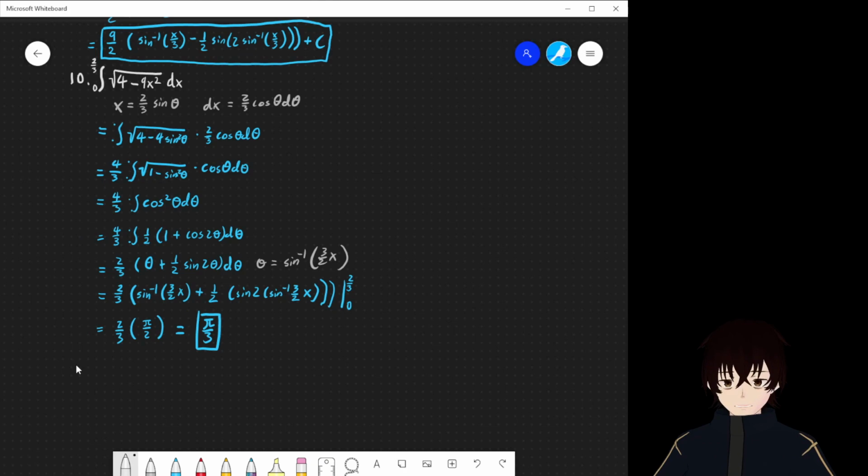Next up is 13, which asks for the indefinite integral of the square root of x squared minus 9 over x to the power 3 dx.